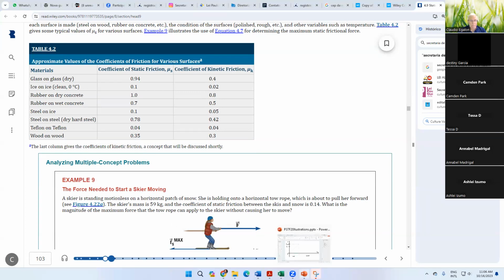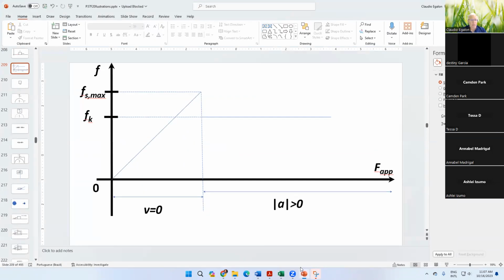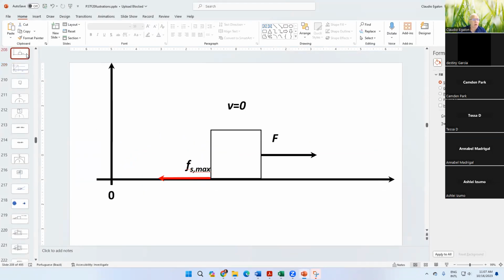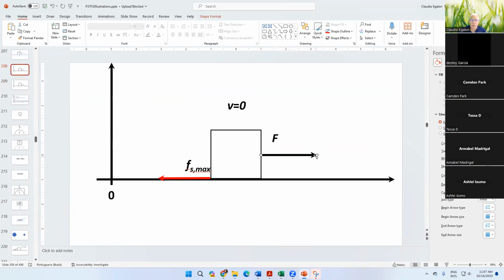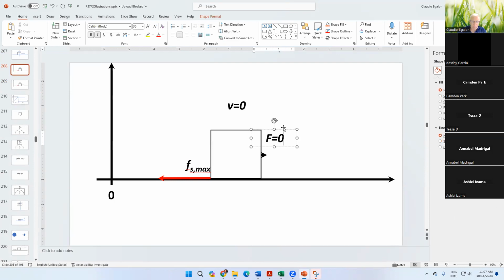Once the object is moving, the friction works... Well, let me illustrate that here, like I illustrated before. Here you go. I'm going to copy and paste it here, right? We started with force equal to 0.